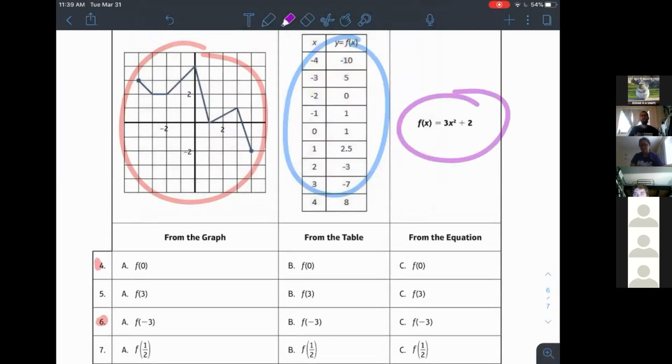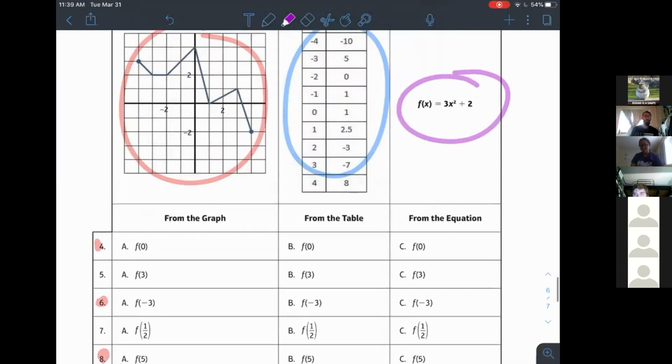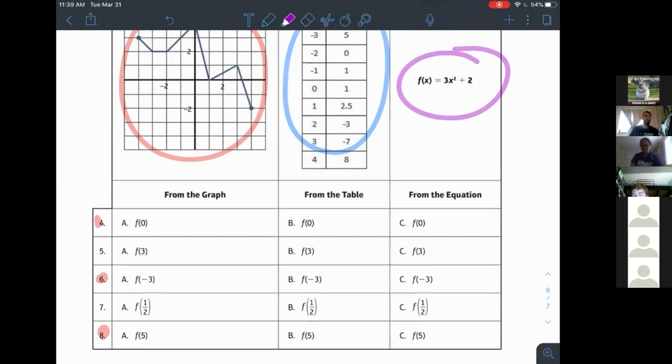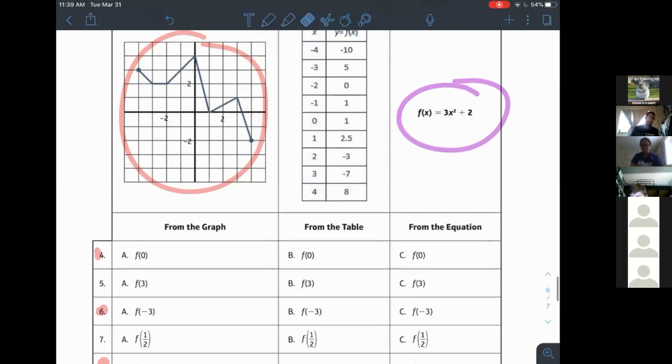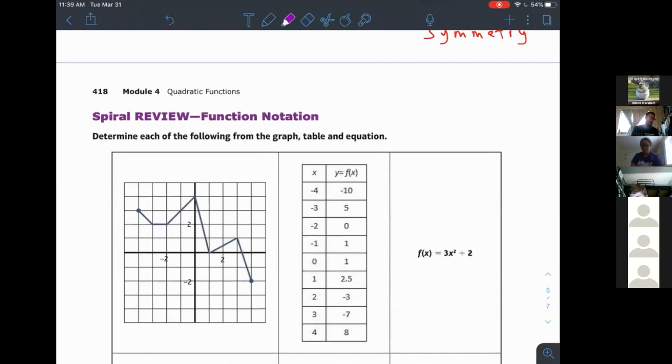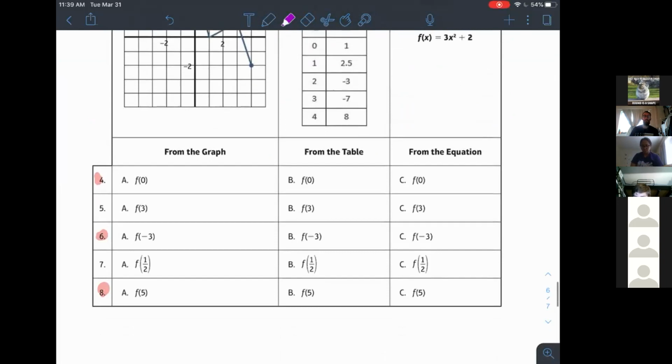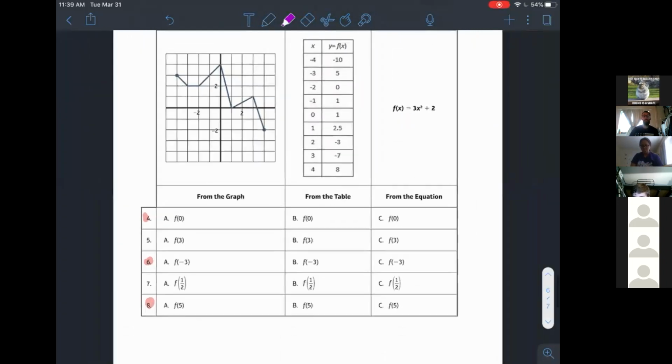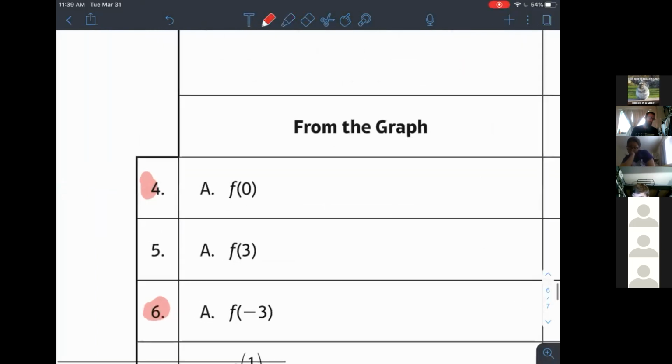And we're asked to evaluate each of these values, f of 0, f of -3, and f of 5, using those 3 forms. It's a practice form of solving and evaluating, but remember, evaluating just means to determine or to solve. So on number 4 here on page 418, we want to evaluate f of 0 from the graph. When we're looking for f of 0, that means we're solving for where x is equal to 0.